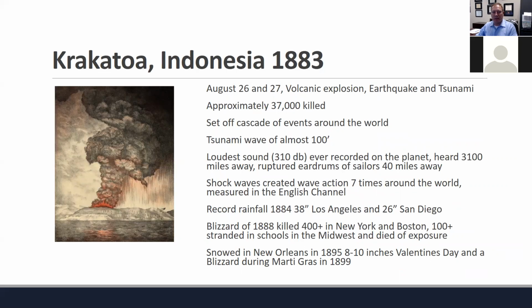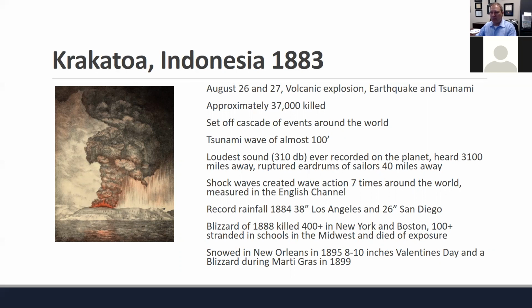So let me move on to Krakatoa. Krakatoa is probably the most well-known, most written about earthquake, maybe at any time in our history. And it's partly because of all of the different things that occurred in the aftermath of Krakatoa.